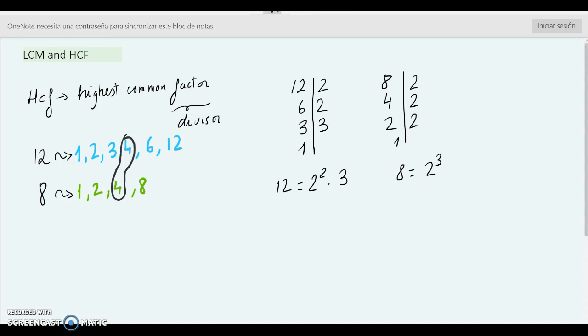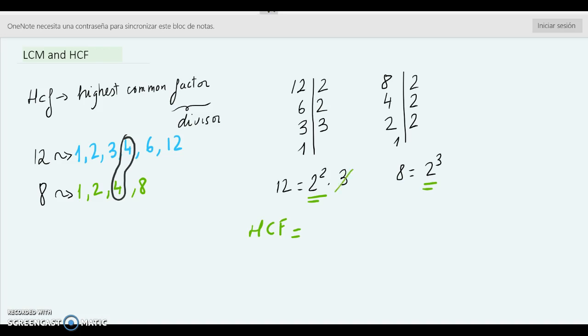Okay, so the HCF. To find the HCF, I must select the common factors, or repeated factors. So from 12 and 8, I can select the 2 because the 2 is repeated in both numbers.